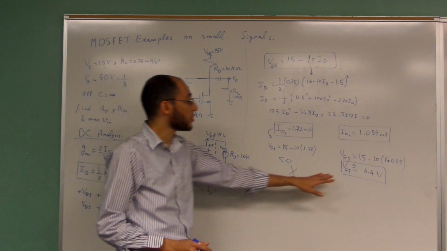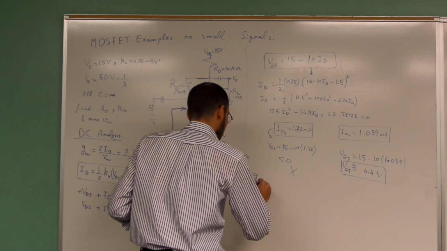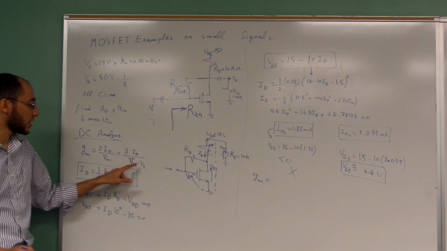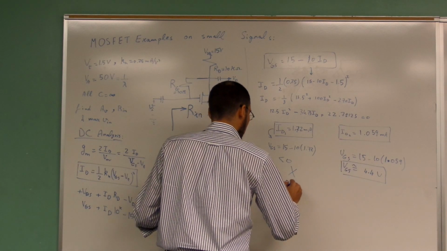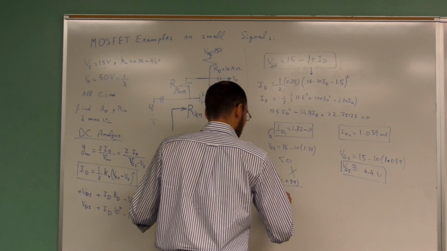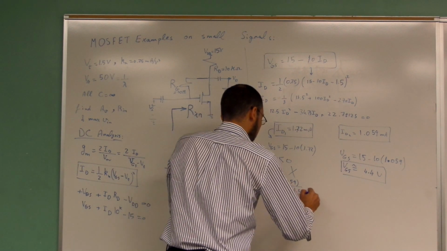Okay, so we continue on VGS. So the GM equals, from this value, twice ID over VGS minus VT, twice 1.059 over 4.4 minus 1.5.